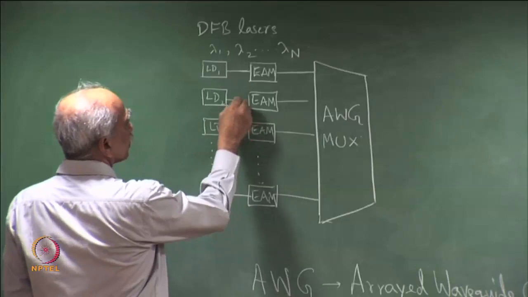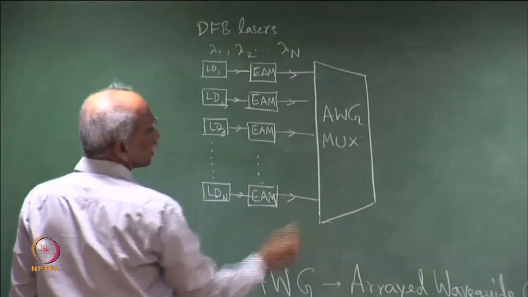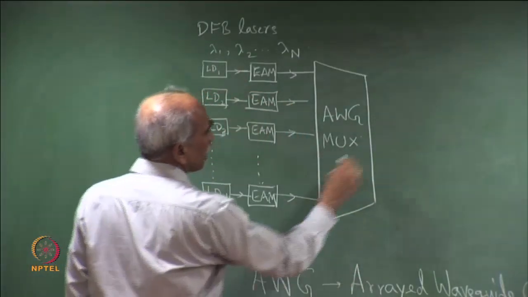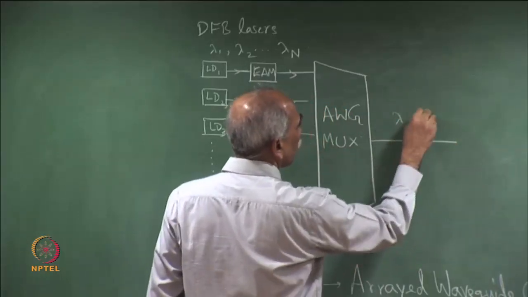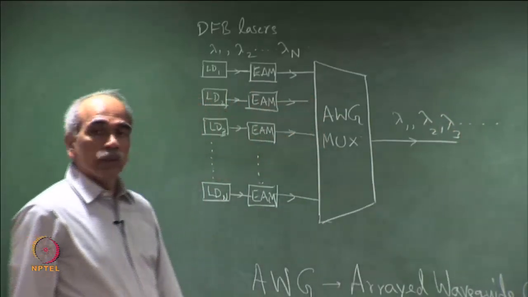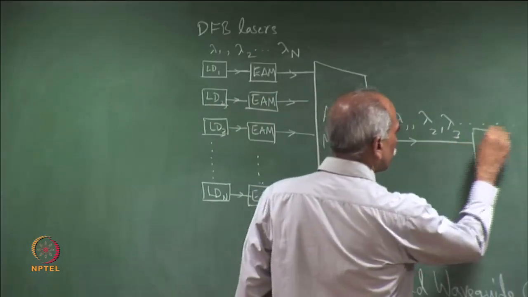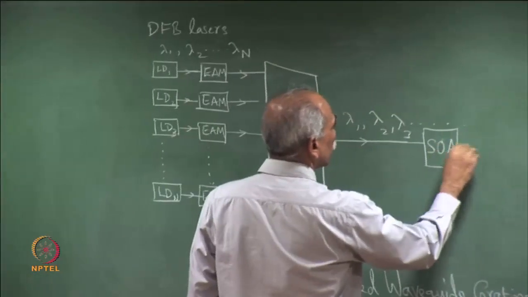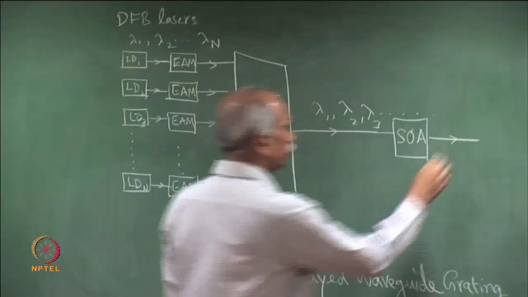So, this is lambda 1, lambda 2. The output, this is a mux, multiplexer. So, we have n lambdas here. So, here is the output which has all the wavelengths coming here, lambda 2, lambda 3 and so on. There could also be an SOA here. So, there could be an SOA before it goes over to the transmission line, to the fiber link.